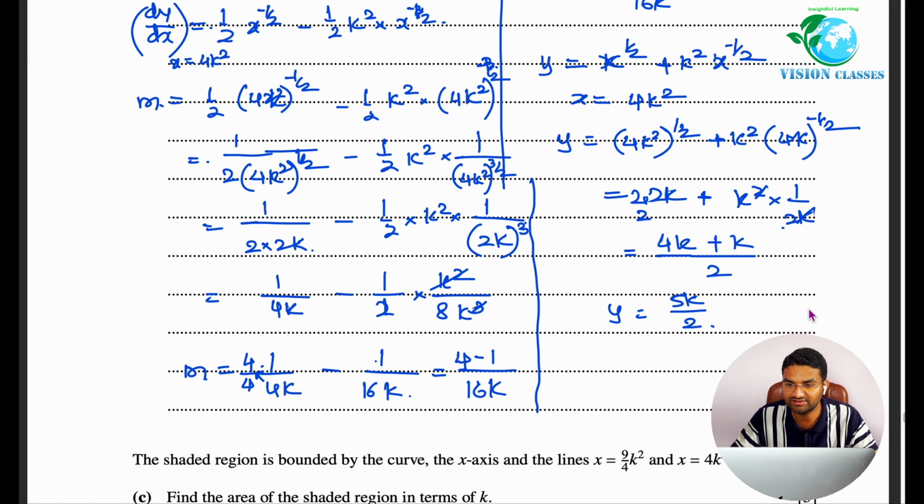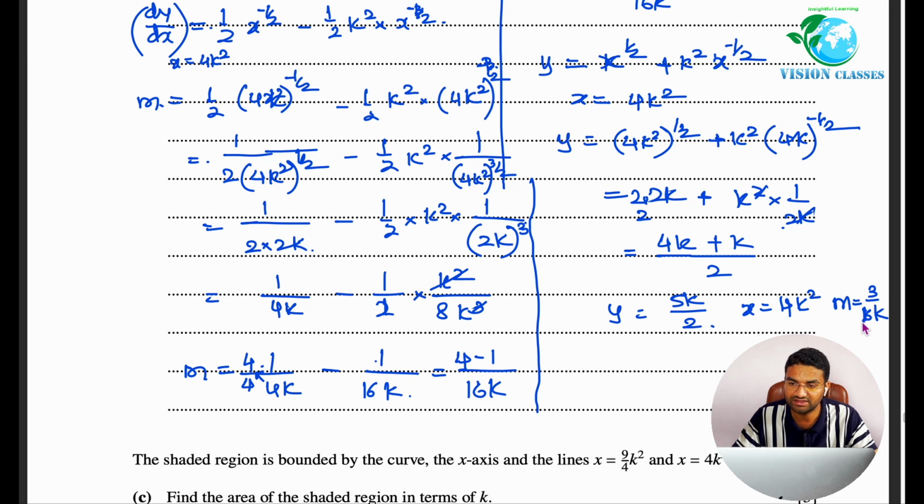So you got the x and y values and the gradient. The x value is 4k square and the gradient is m equal to 3 upon 16k.